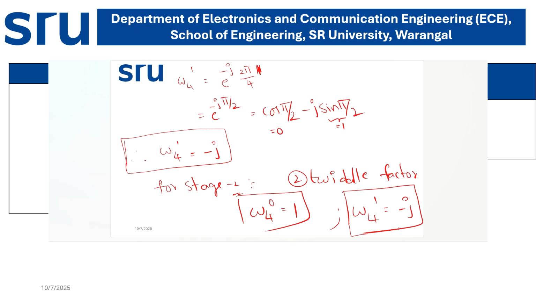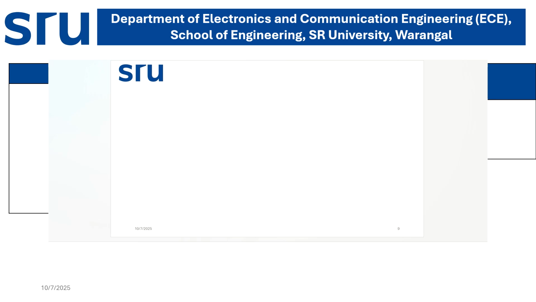So these are the final statement. For stage 1, only one twiddle factor. For stage 2, two twiddle factors. Now what I am trying to do is, what is the n value? N value is 4. Now I have to draw 4 lines, parallel lines.